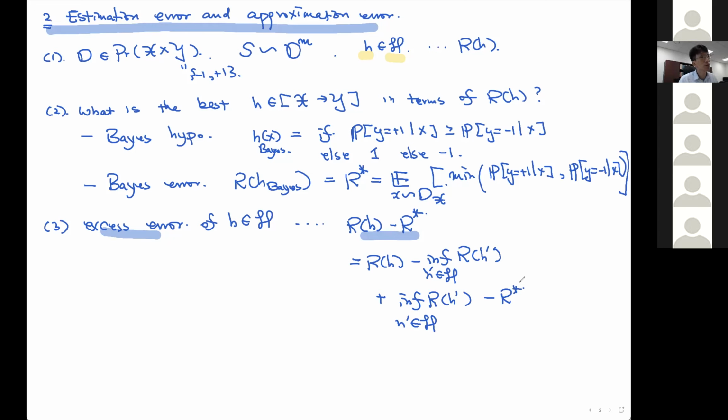It's just simple arithmetic: we add and subtract the same quantity, which is an infimum. Then we have a decomposition of excess error into two terms. The first term is called estimation error, and the second term is called approximation error.